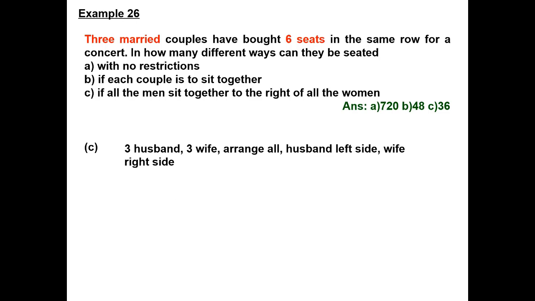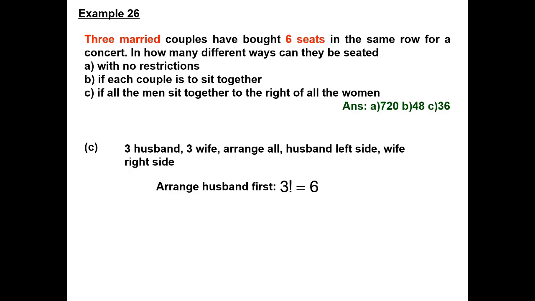Solution for C. We want to arrange all the husbands and wives so that the husbands are on the left-hand side and the wives are on the right-hand side. First step is to arrange the husbands.